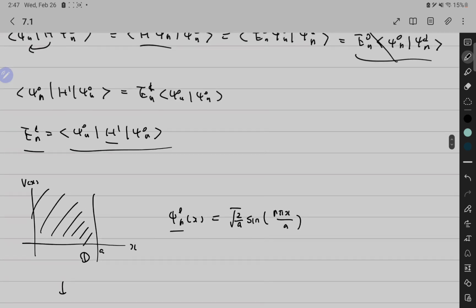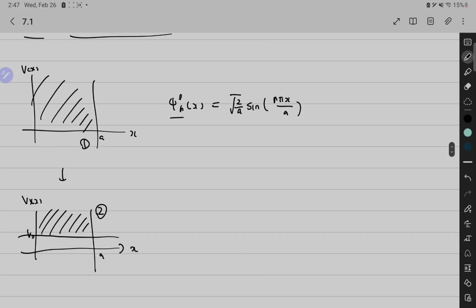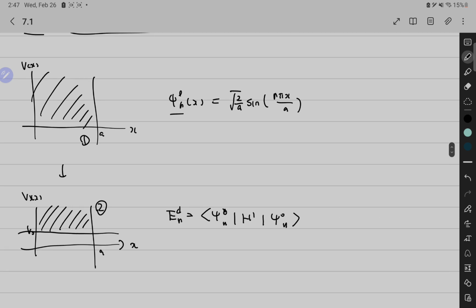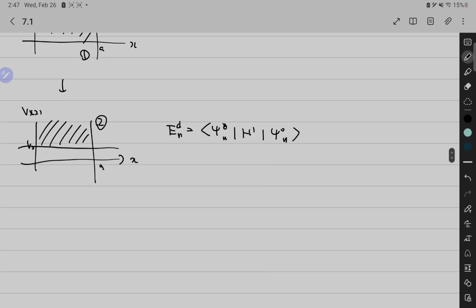And according to what we have derived, E1n is equal to ψ0n H' ψ0n, right? And what is our H' here? Well, our H' stands for the perturbed Hamiltonian, and the perturbed Hamiltonian in this case would simply be V0, right?